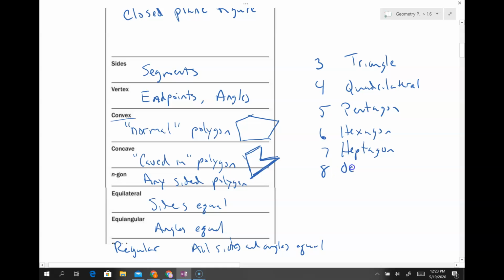Eight is an octagon. Nine is a nonagon. And we'll say ten is a decagon. There is an eleven and twelve. We'll go with those as well. I think we mentioned them. Eleven is undecagon. And twelve is dodecagon. So those were terms that we kind of needed to know.